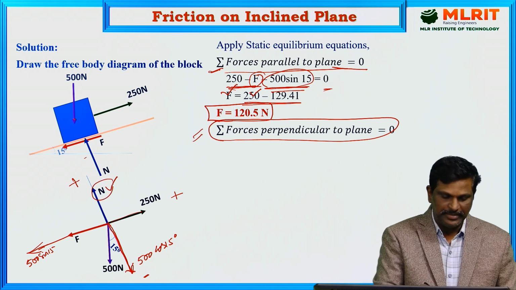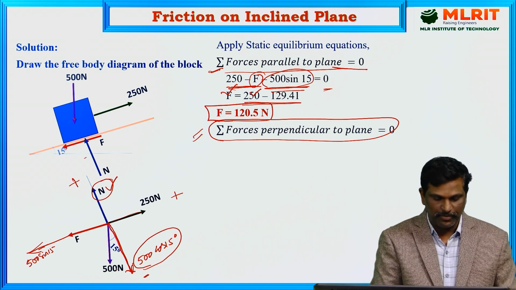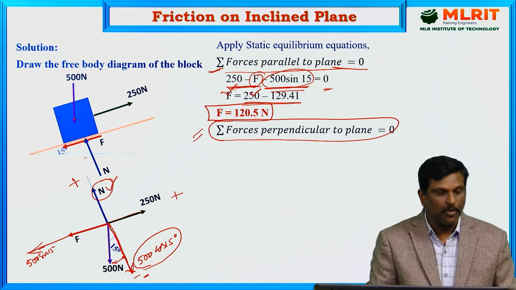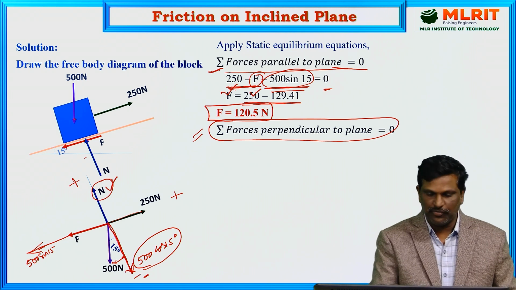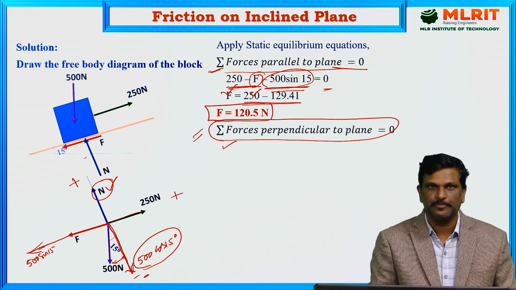So N is acting in the upward direction, and the force 500 cos 15, the perpendicular to the plane component of weight, is balancing the normal reaction. It is acting in the opposite direction to the normal reaction, or in the downward direction. Now apply the forces in this equation.